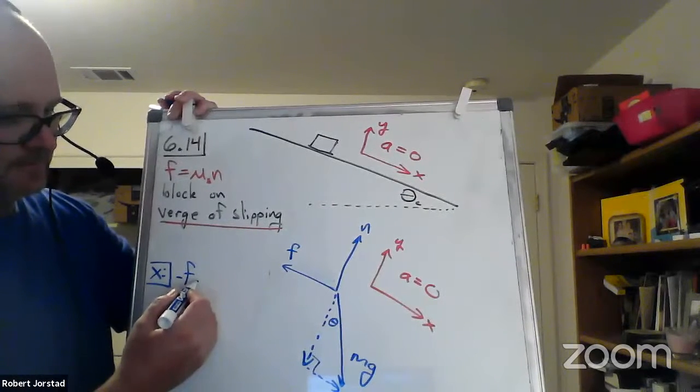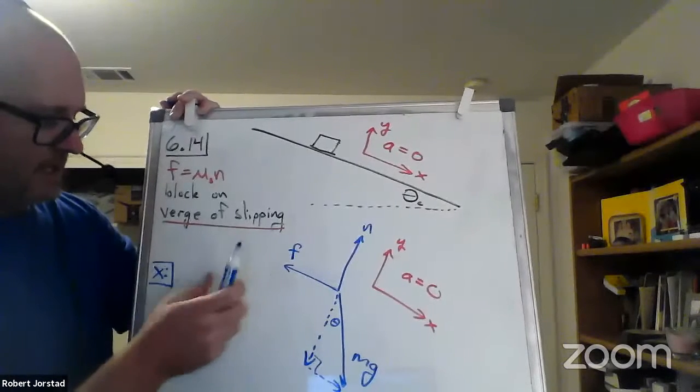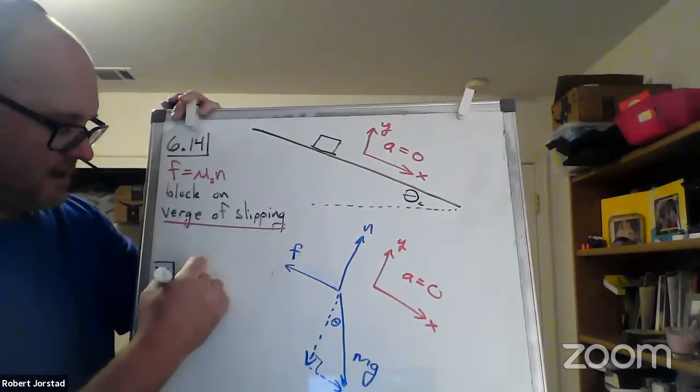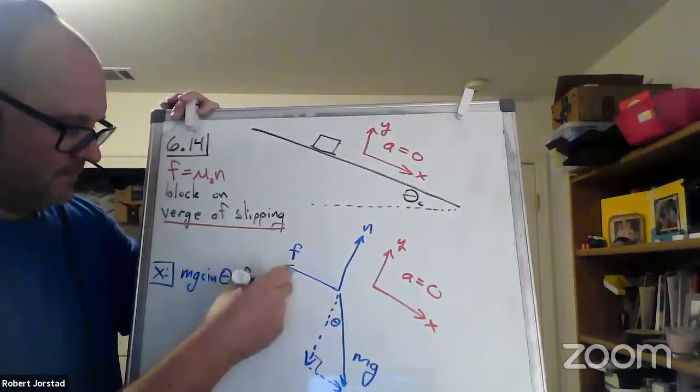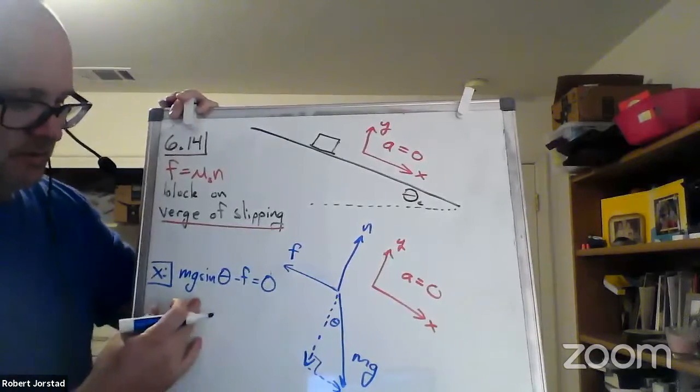It's not accelerating. There's another force in the x. Oh, gravity. That is plus mg sine theta. Yeah, and then usually we get in the habit of putting the positive ones first.